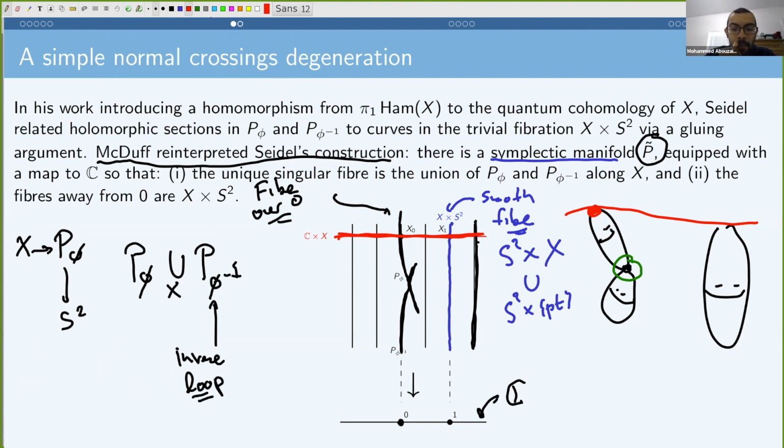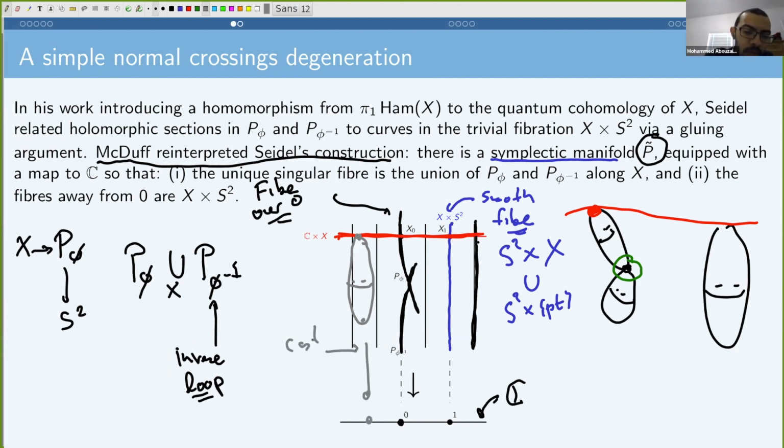Now we have this projection to C. If you have a holomorphic sphere that passes through a point far away from the singularity, then its projection is constant.